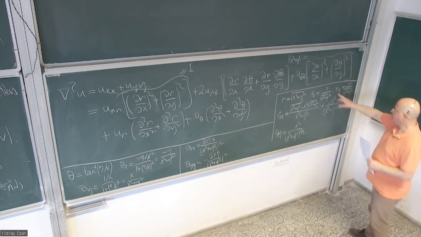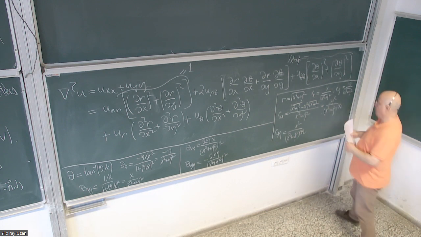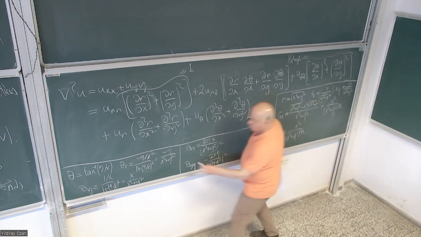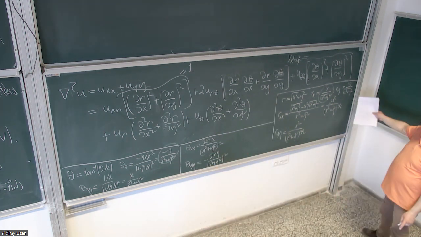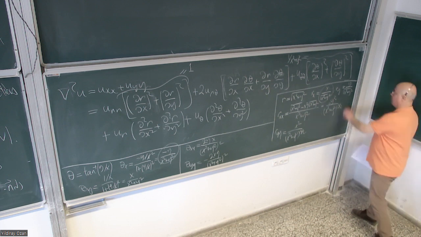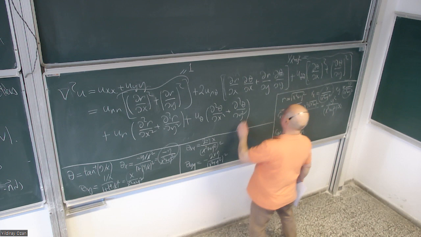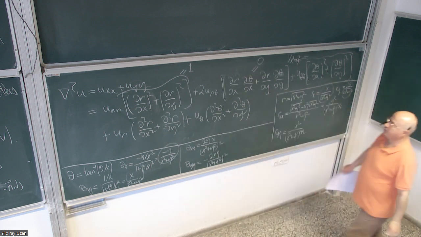So r sub x times theta sub x is minus xy over something, and the other one is plus xy, the same thing. So this term is just 0. Okay. So that is gone.